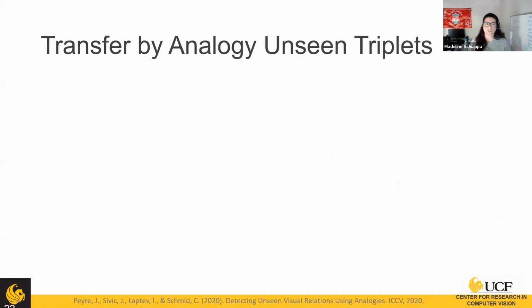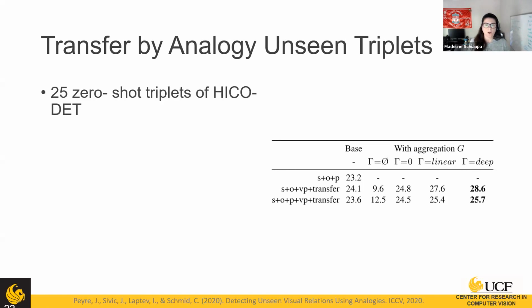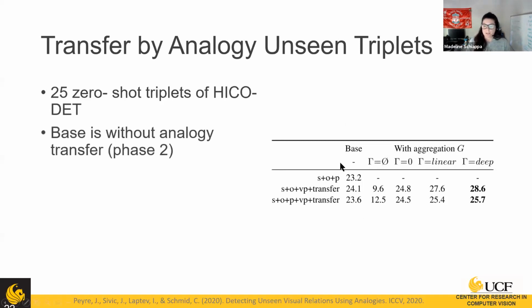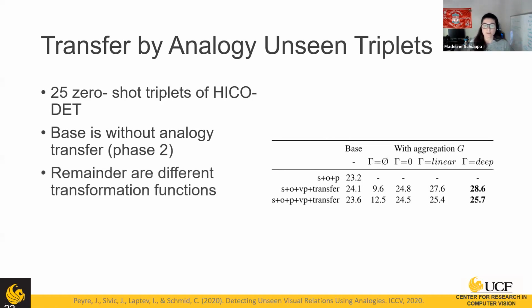Next, they want to test their transfer by analogy approach on unseen triplets. They evaluate this on the 25 zero-shot triplets that they put aside for evaluation. The base results here are without analogy transfer, which is without that phase 2. For the remainder, they experiment with different transformation functions.